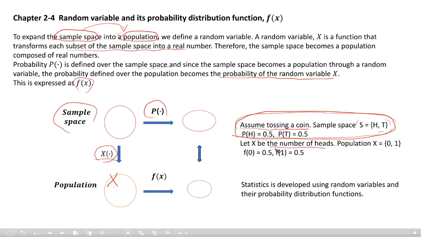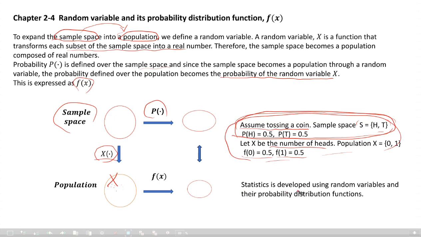Then x takes values 0 and 1. When head, x will take 1. When tail, x will take 0, right? So f of 0 is equal to 0.5, f of 1 is also 0.5. Here is a simple example.